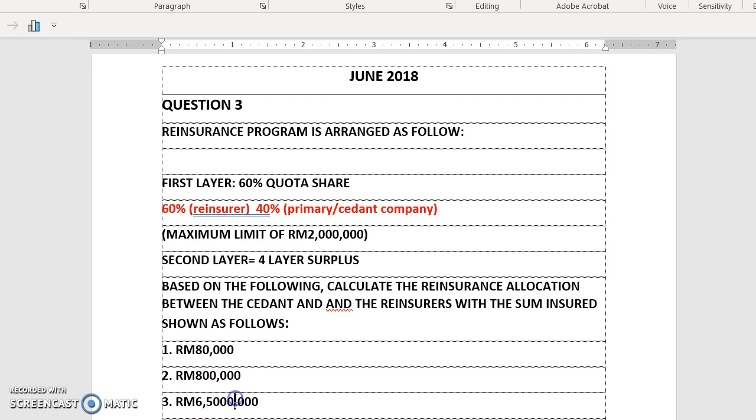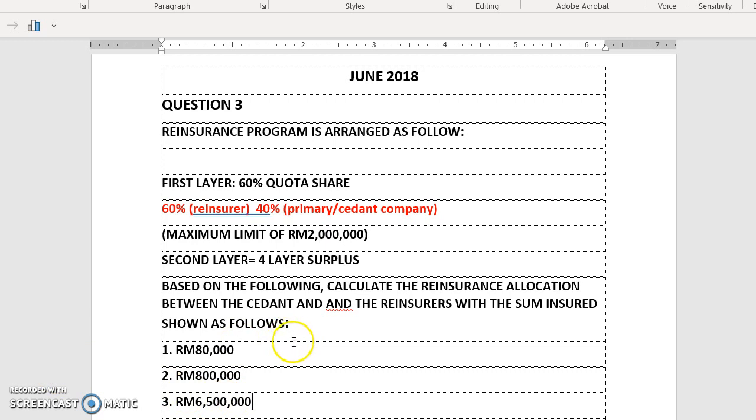You have to calculate how much is shared between the reinsurer company and the cedant company based on the sum insured.